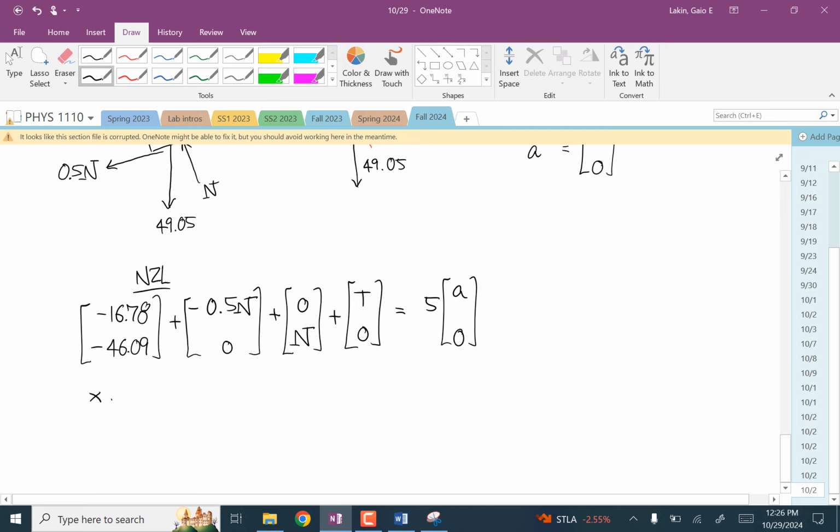So we get an x equation that says negative 16.78 minus 0.5 N plus T is equal to 5a. And then the y equation says negative 46.09 plus N is equal to 0.